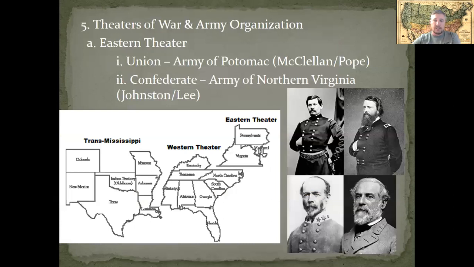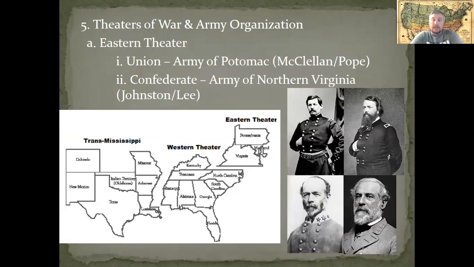So the first stage that I want to discuss is, of course, those theaters of war, and to define them even further. Before I begin that, I do want to make a note here, and I would star this because it's going to come up time and again. The naming of both the battles and the armies is going to differ according to which side you are speaking on.